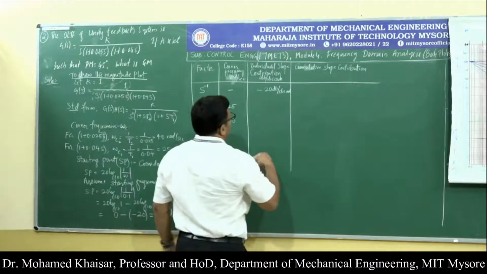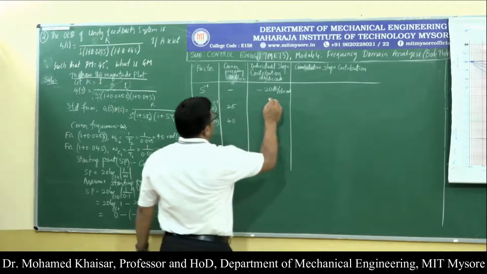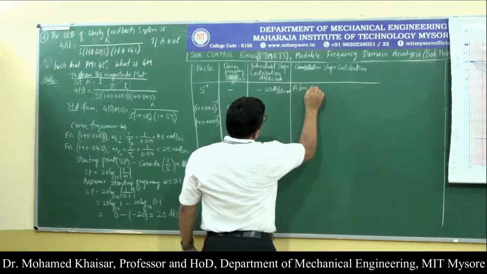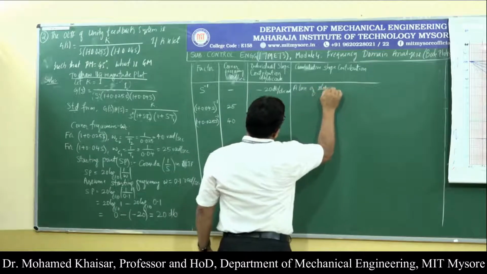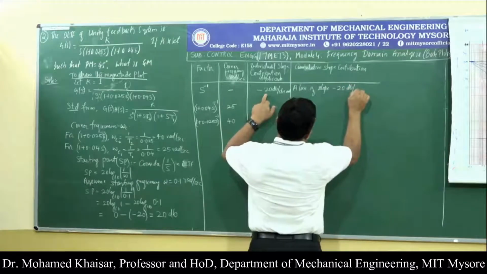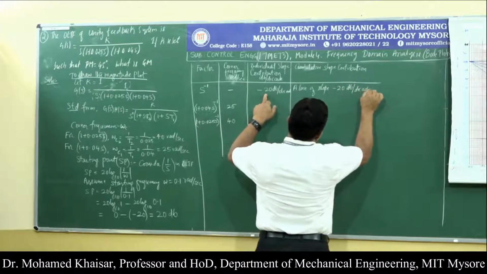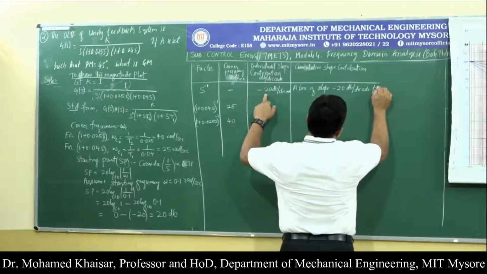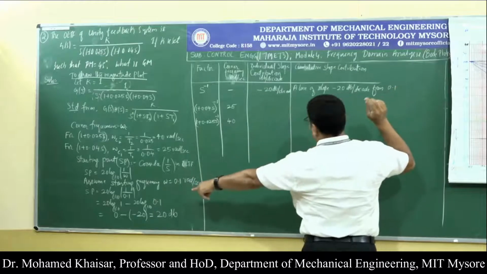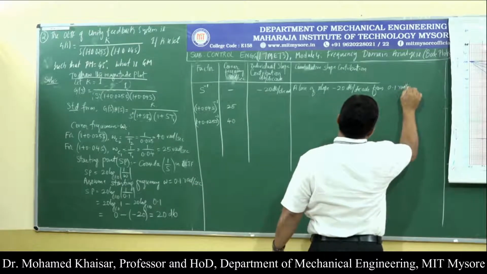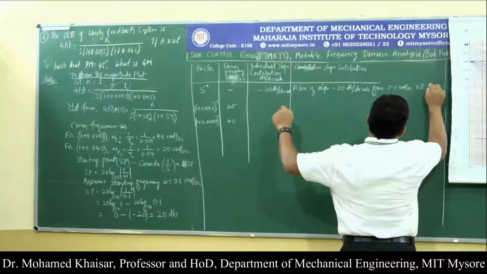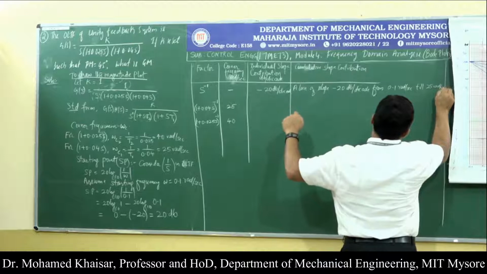Then the cumulative slope contribution will be a line of slope minus 20 decibels per decade from 0.1 radians per second, the starting frequency, till 25 radians per second, the next corner frequency.